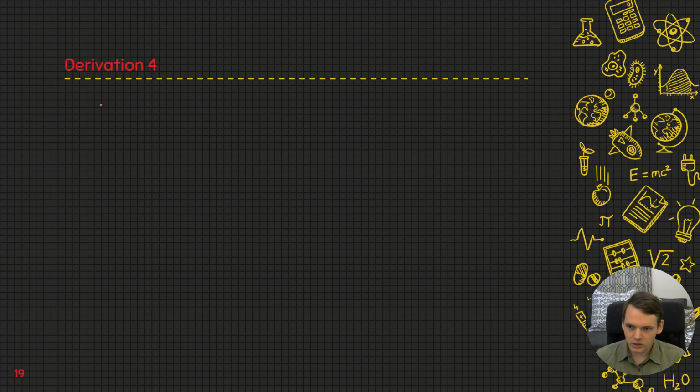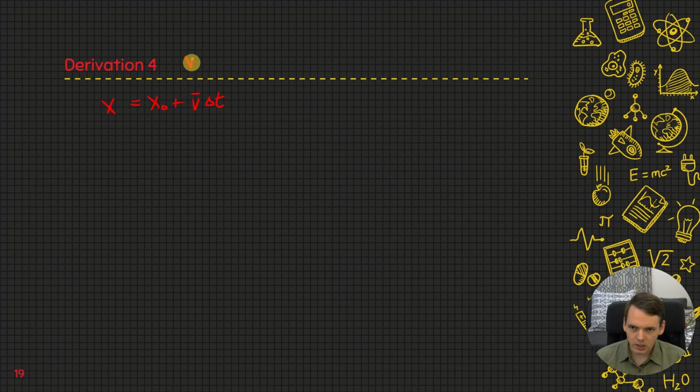So for this one, we're going to start with x equals x naught plus v bar delta t. And this is again just that first equation we used, with some kind of cleaning up, simplifying.